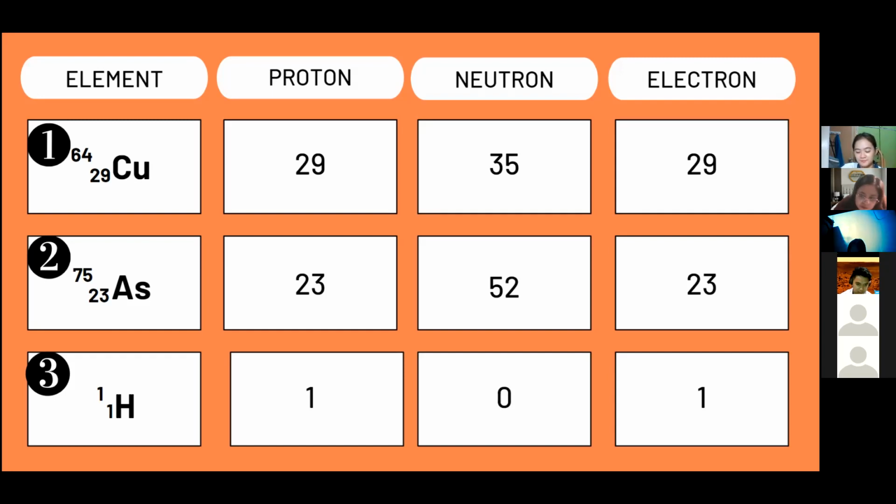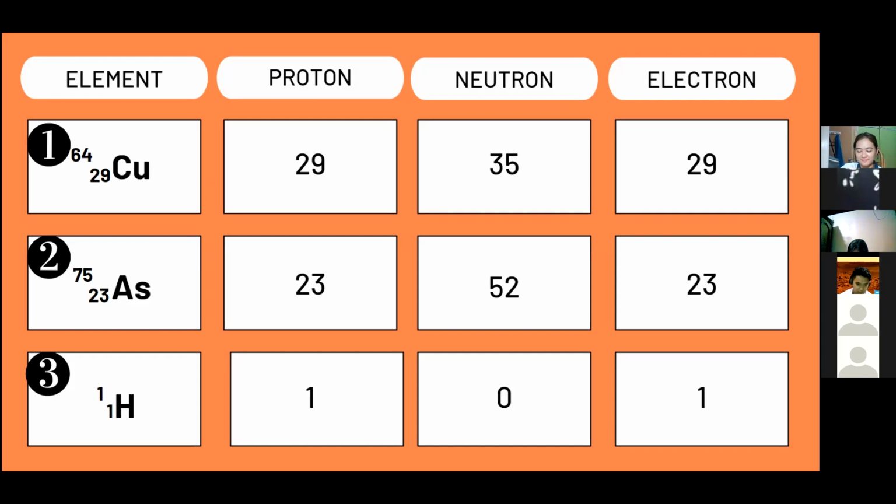So sa copper natin, in case sa number 1 copper, the atomic number of copper is 29. So at the neutron, there's a simple formula. To get the neutron, we must minus the atomic mass and the atomic number.